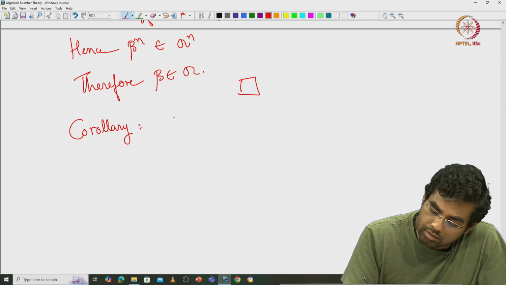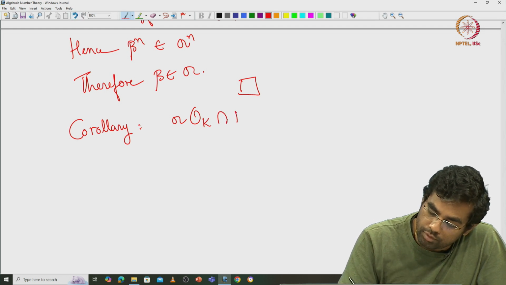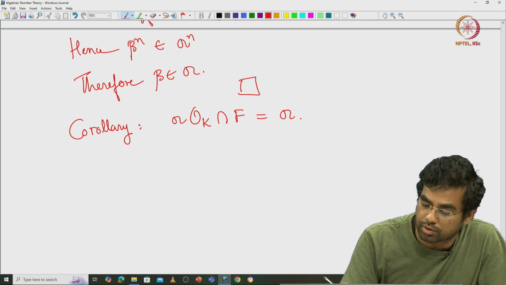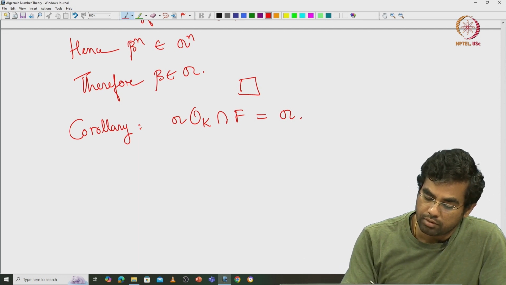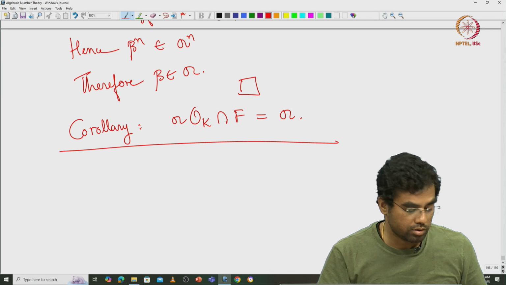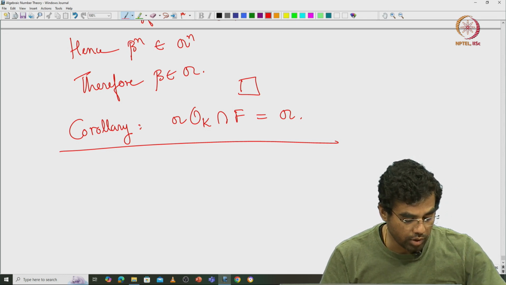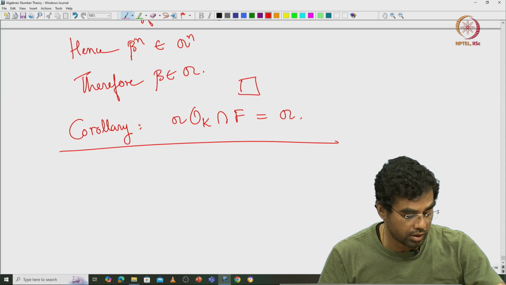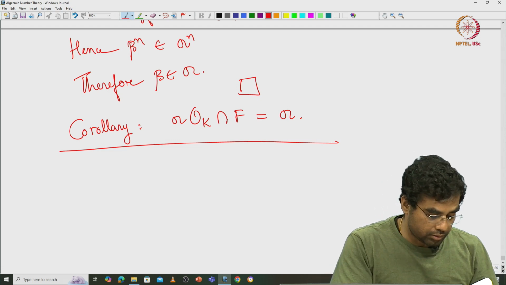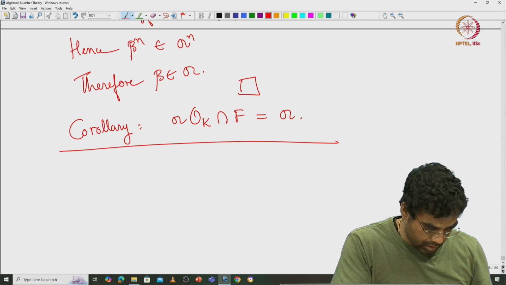Here is the corollary with the notation as above: if you take this, then this is also equal to A. We did not use that we are taking the intersection with OF, we just needed that we are taking the intersection with F.